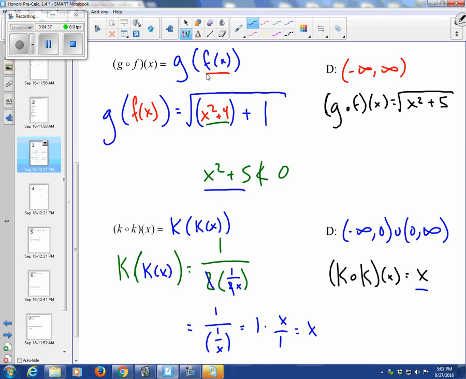And if we were to graph this guy, we would basically see that identity function, that straight line going right through the origin with a hole at 0, looking something like this.